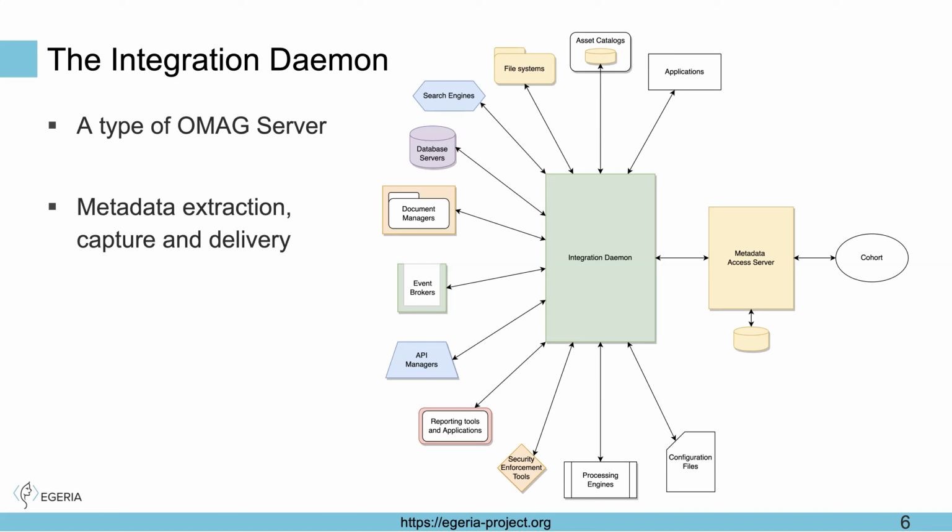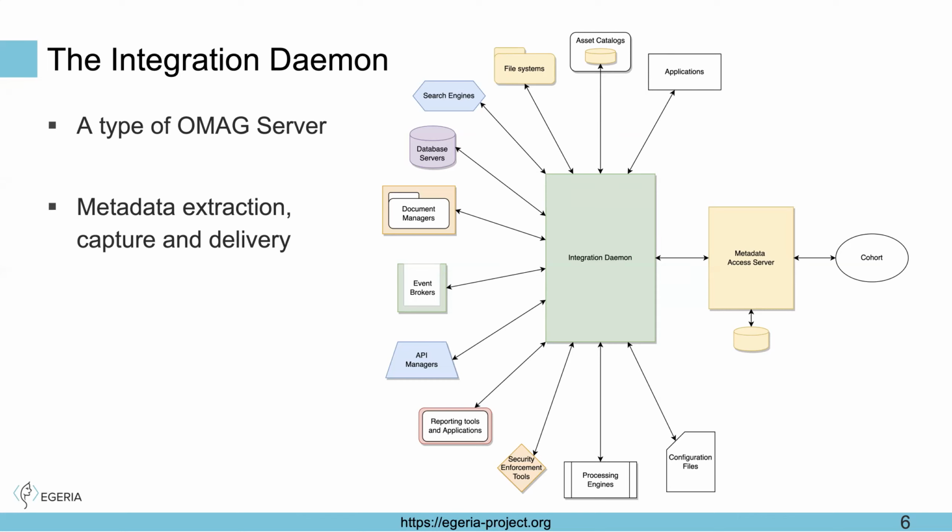So not only are we capturing what's new and what's coming in, we're also using the existing metadata to consistently configure downstream systems. So the way to think about the integration daemon is that it's potentially bringing metadata in, pushing it out, and it can actually handle a two-way exchange with another tool that's not using open metadata.